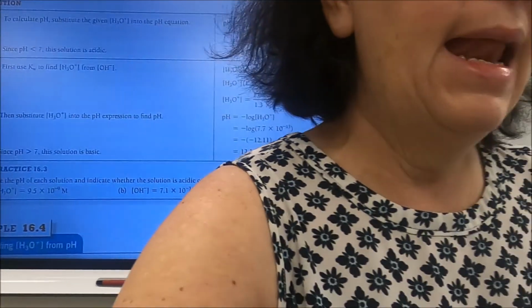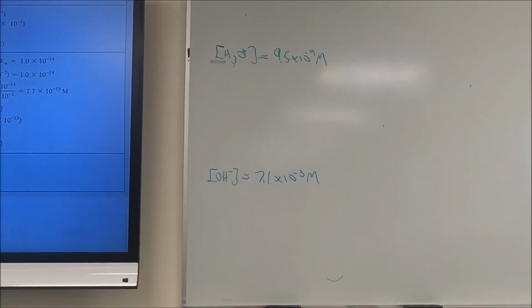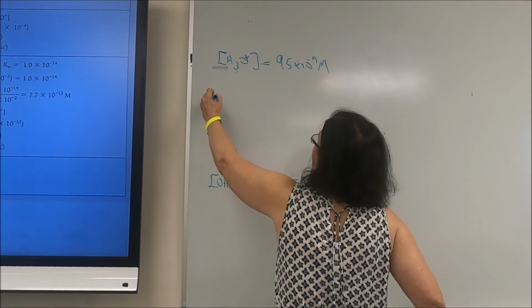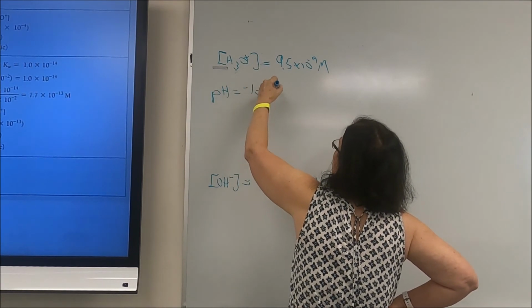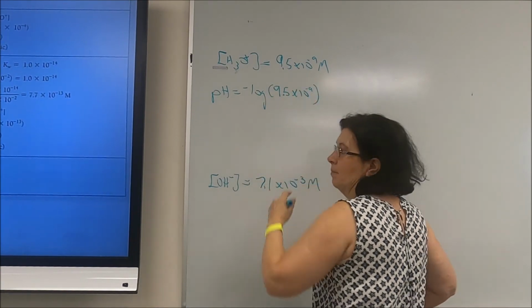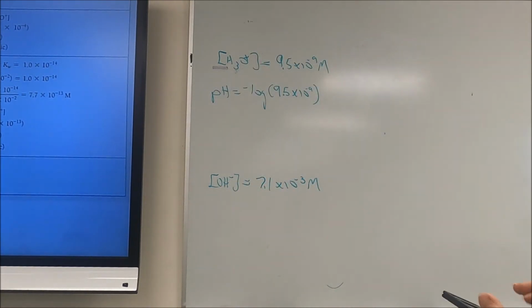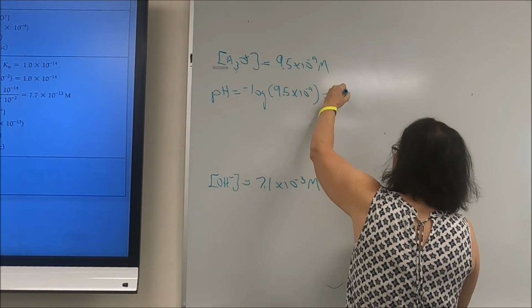And it wants us to calculate pH. Now, this one's very easy. pH here is just going to be the negative log of 9.5 times 10 to the minus 9. Okay, calculator. 9.5 exp 9 negative. So I get a pH here of 8.02.